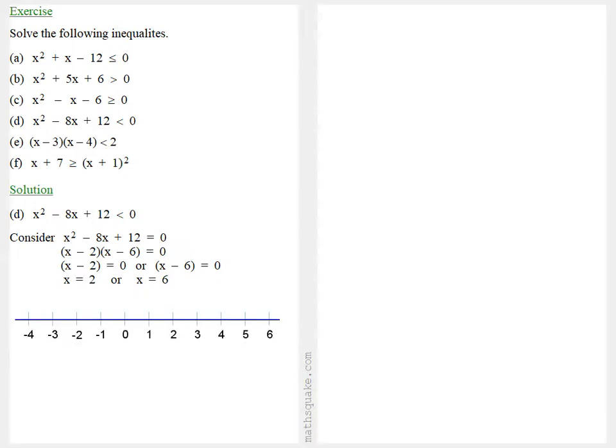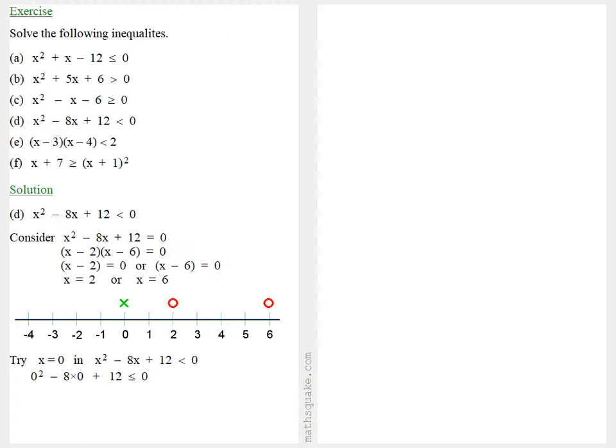We can mark that on the number line by drawing a dot above 2 and a dot above 6. These are left hollow or unfilled because there's no equals in the original inequality. We have to decide where we're going to fill it in. Now, if we try x is equal to 0 in the original inequality, we have 0 squared minus 8 times 0 plus 12 is less than 0.